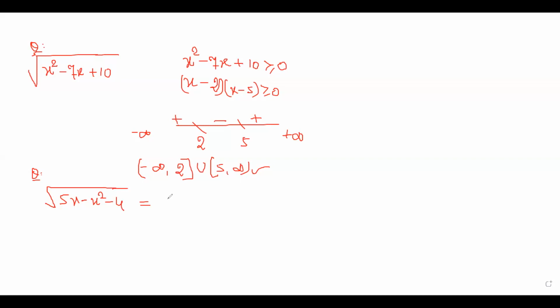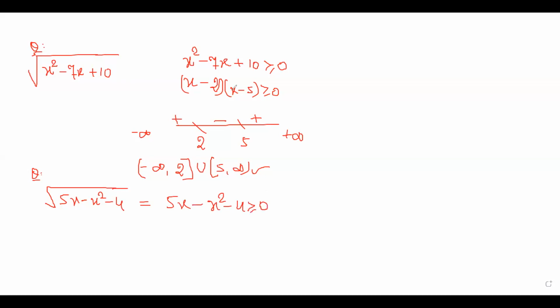Okay, I am solving this. What will you write? 5x minus x square minus 4 is greater than or equal to 0.